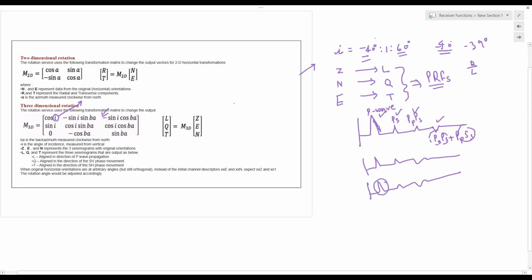So now that you have performed the rotation, the next step is the deconvolution.